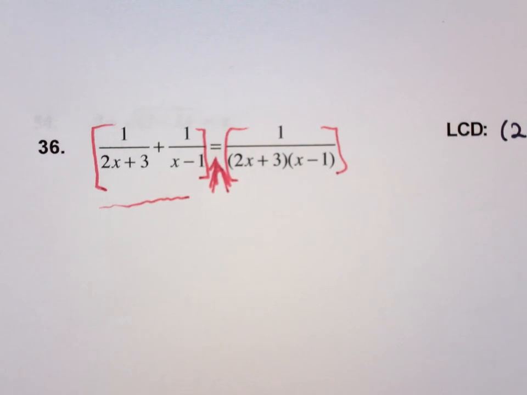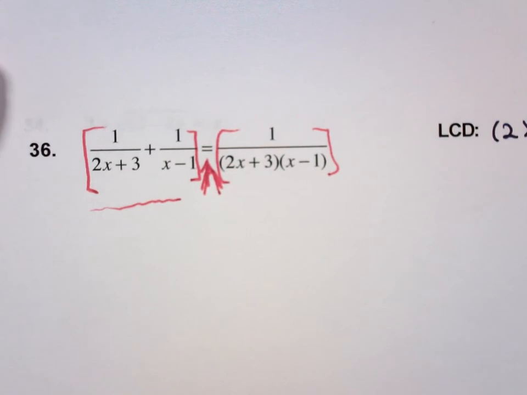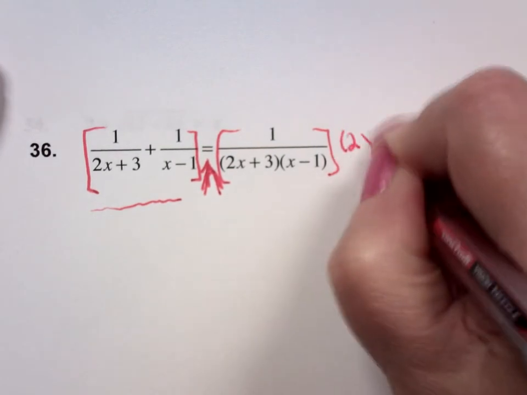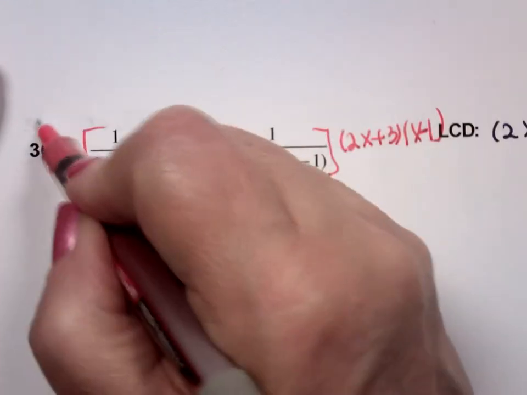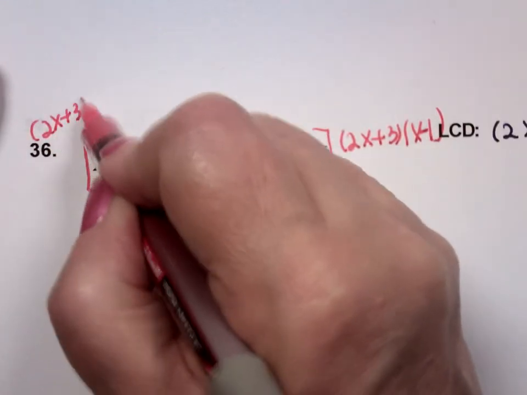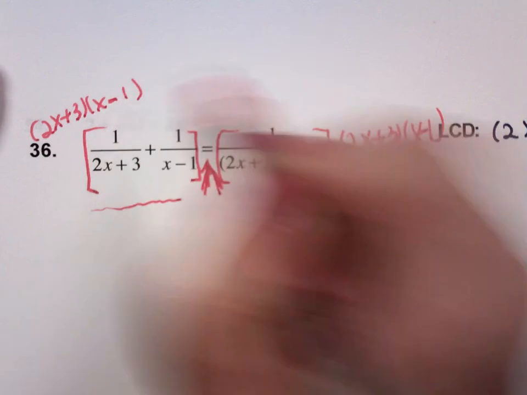Because of the equal sign in between, I can say to myself, whatever I do to the left, I can do to the right, as long as it remains in balance. Doesn't matter what I do, because the left-hand side is totally equal to the right-hand side. In this case, I'm going to multiply both sides by the LCD, which is 2x plus 3 times x minus 1.